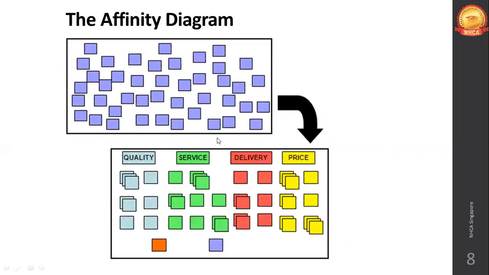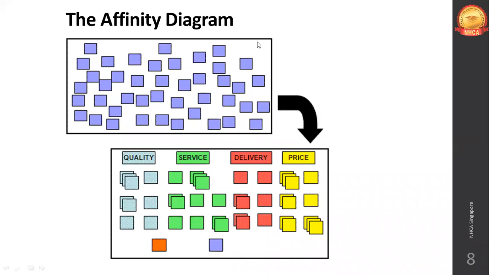Then the affinity diagram. Can anyone explain here? Is the screen visible to all? So for the affinity diagram, just by looking at these two images, it's very simple.